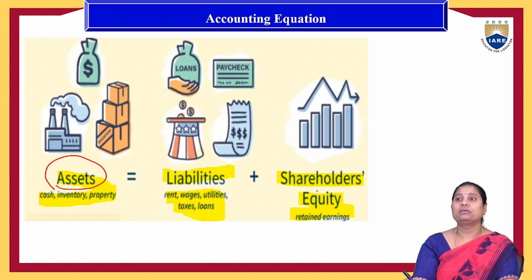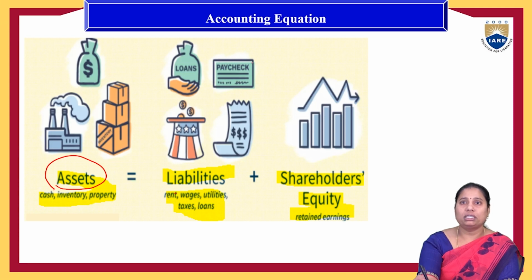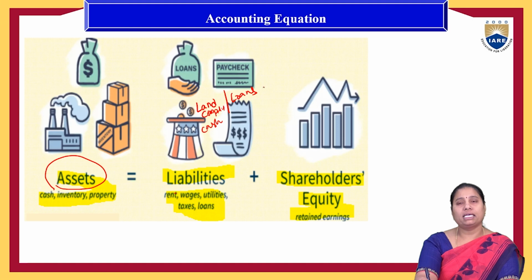For example, an owner has invested his own amount, and that owner has invested the land, his computers, and his cash, and he has taken certain loans and some credit purchases.